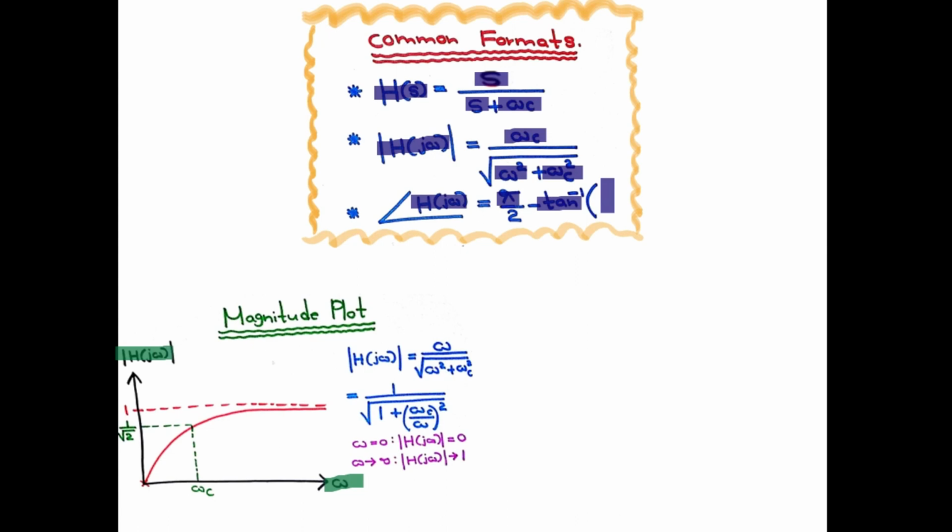Here, as we derived before, the magnitude of the frequency domain transfer function H(j omega) equals omega divided by square root of omega squared plus omega c squared. We can rearrange this as 1 over square root of 1 plus (omega c divided by omega) squared.